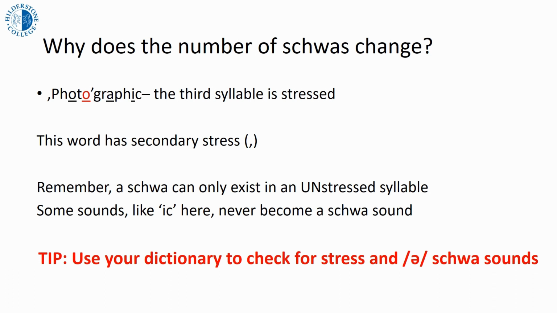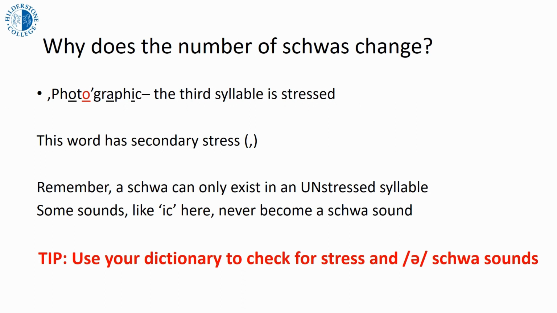That shows us that that first syllable is still pronounced as an O sound, like in photograph, photographic. It's an O sound, it's not a schwa. It does change to a schwa in photographer, but not in photographic.